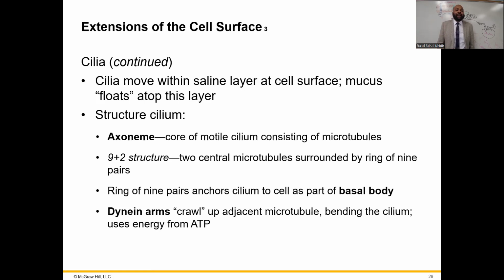The cilia has an axoneme with a 9+2 structure. So there are two central microtubules surrounded by a ring of 9 parts. Then we have the dynein arms. The dynein arms curl up adjacent to the microtubule, bending the cilium and using energy from ATP.